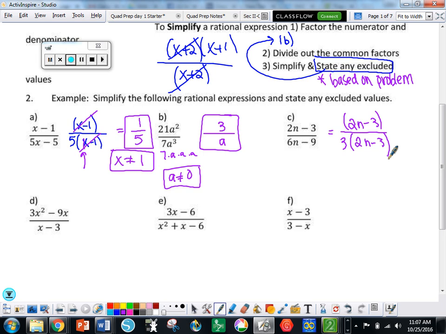What can n not be? Well, n can't be whatever is going to make the bottom 0, right? Because if the bottom was 0, then we would have all sorts of crazy. So if we add the 3, hold on. If you add the 3, and then what? Divide by 2. So n cannot be 3/2.